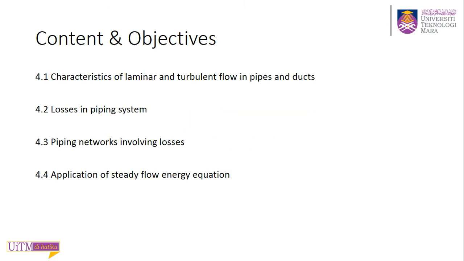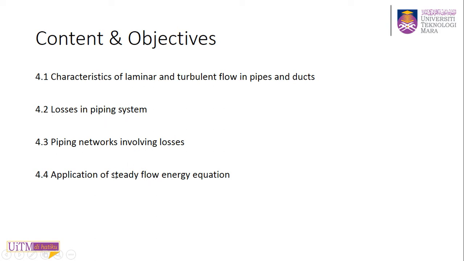The first one, which we will learn today, is the characteristics of laminar and turbulent flow in pipes and ducts. The second, third and fourth are together, so I will touch on those sub-chapters in the second class.